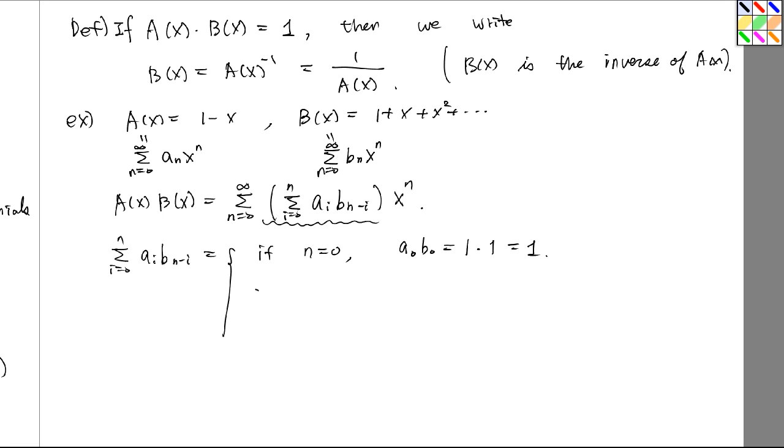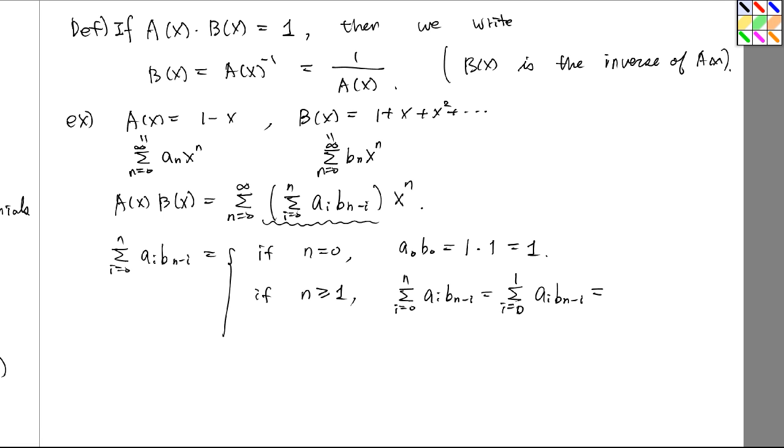And if n is greater than or equal to 1, then summation i from 0 to n, but we can restrict this to fewer terms, like i from 0 to 1, because if i is bigger than 1, they are all zeros.